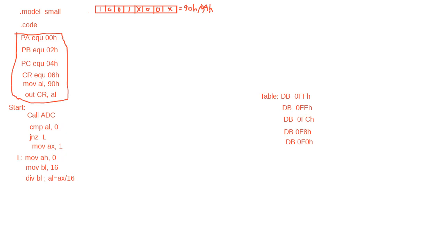Okay, E, so 0E0H, DB 0C0H, DB 80H and then DB 00H, and that's the end.